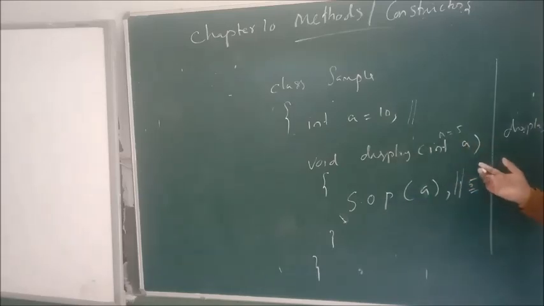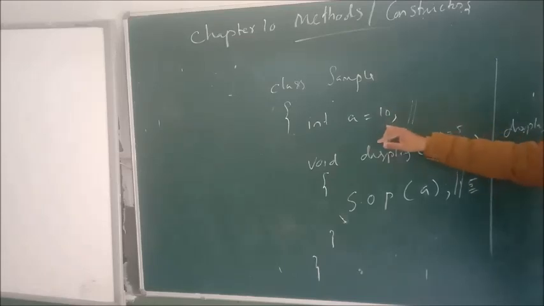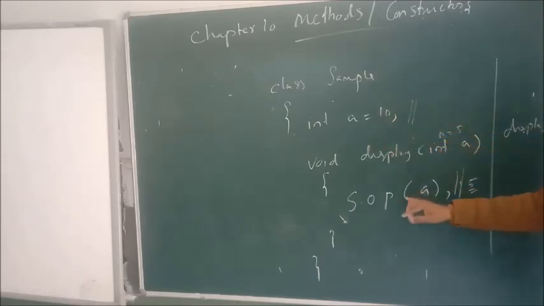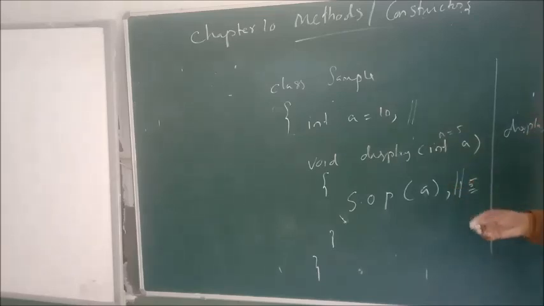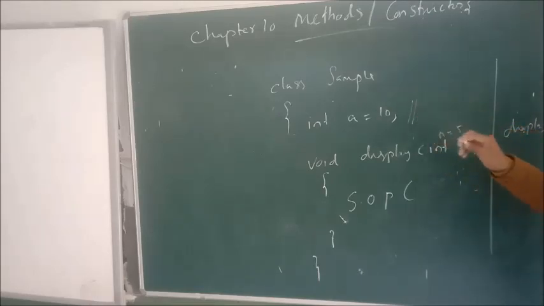Now I just want to tell you the second point we understood about the this keyword, that is it is used for differentiating the local and class variable. So here a is the local variable, but a is also the class variable. When you try to print System.out.print(a), the priority goes to the local variable, right? Suppose you want to display the instance variable or class variable.